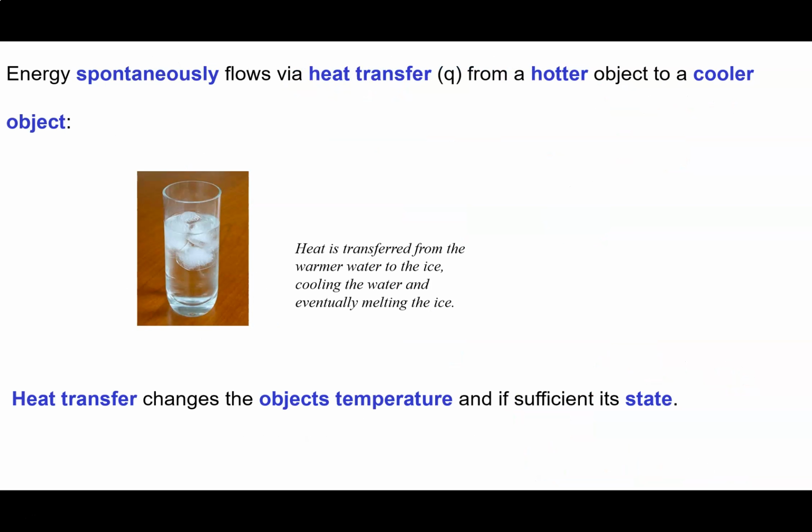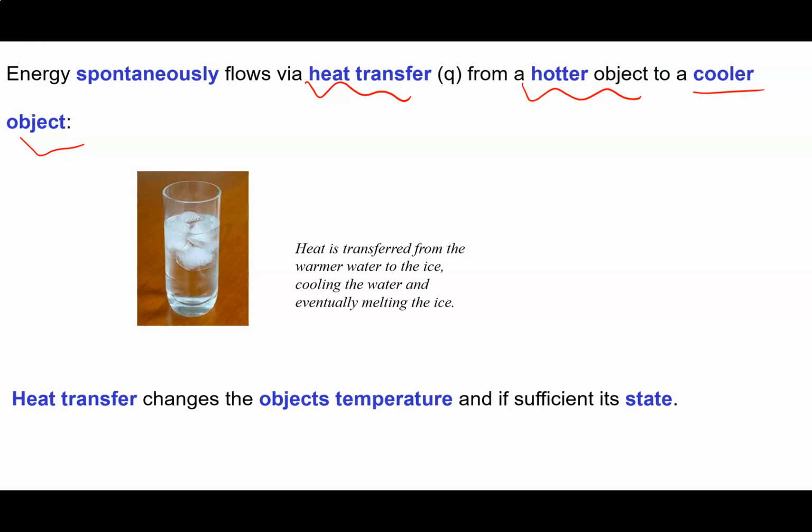Now, one of the curious properties of energy is that energy will flow as heat transfer, but only in one particular direction. It always flows from the hotter object to the cooler object, and there has to be a difference in temperature for energy to flow via heat transfer.